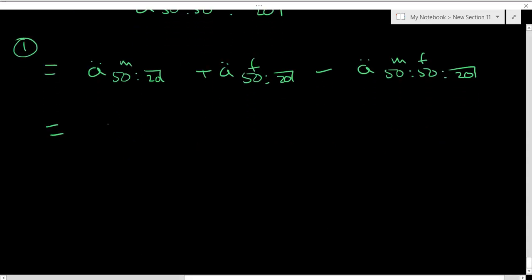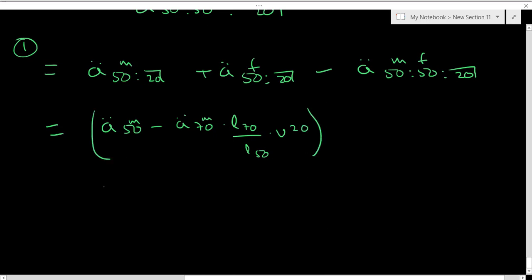In order to evaluate this, this becomes a due 50 for the male minus a due 70 for the male into L 70 over L 50, both for the male, and V20, right? This is one thing. Same for the female, you have got a due 50F minus a due 70F into L 70 upon L 50 into V to the power of 20, right?